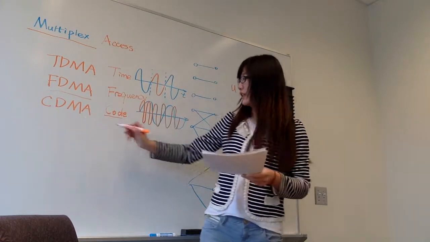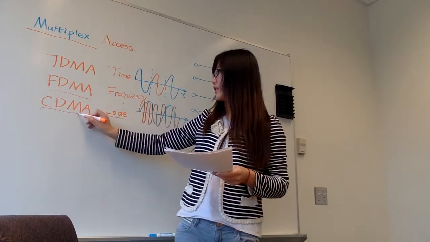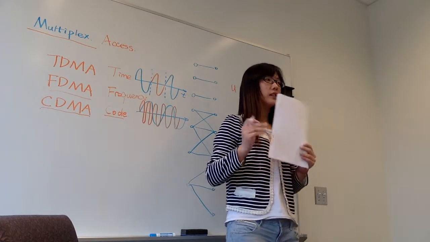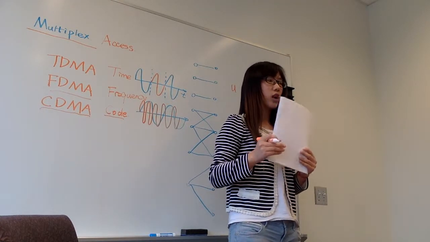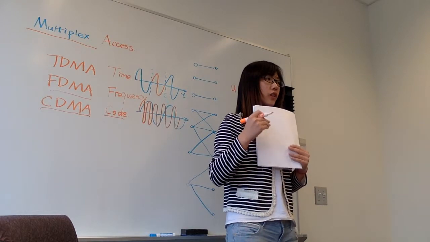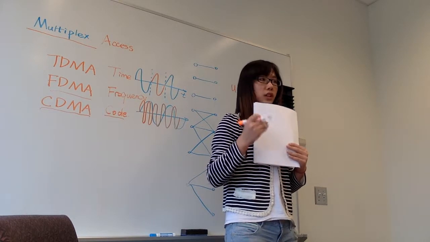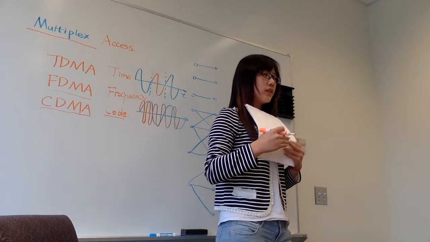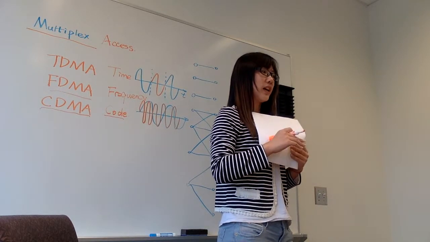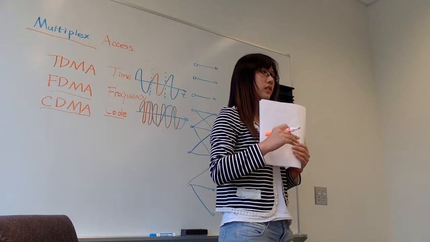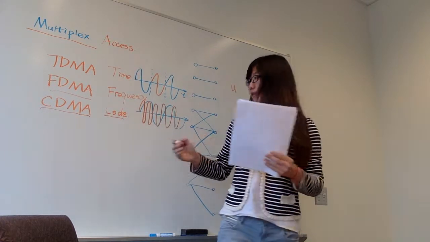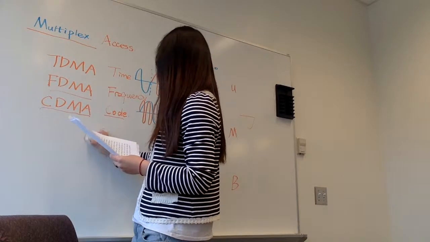So in this CDMA, the code division multiple access system, the signals are using different codes that are orthogonal. That means that these codes are irrelevant to each other. You can just simplify to understand this term in this way. And I will introduce the word orthogonal.